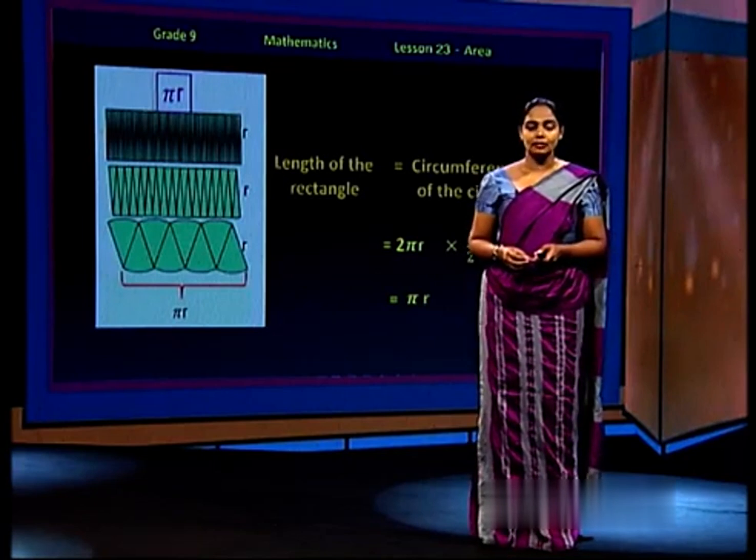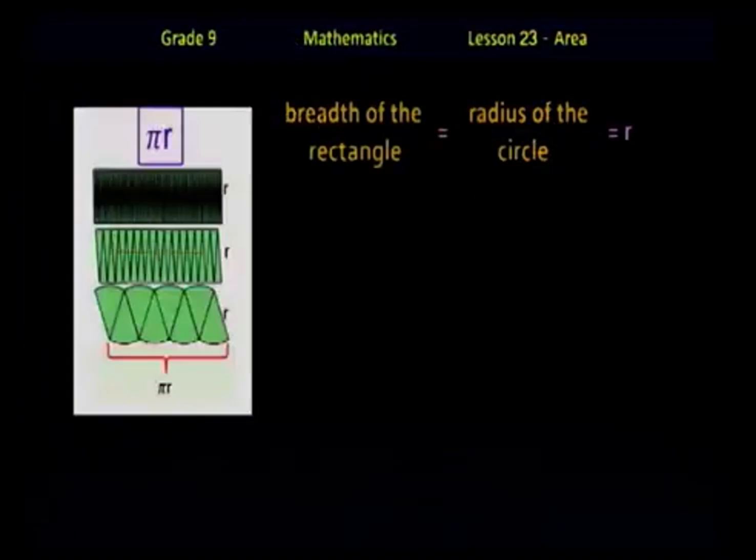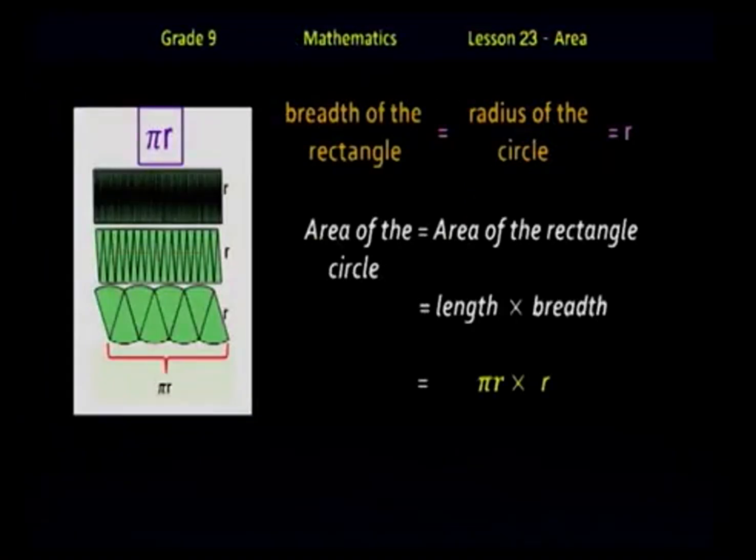Now let's find out the area of the circle. The breadth of the rectangle is equal to the radius of the circle. It is r. Using length and breadth, we can find the area of the rectangle. According to our activity, the area of the rectangle is equal to the area of the circle. You can write it this way: area of the circle is area of the rectangle, length into breadth.